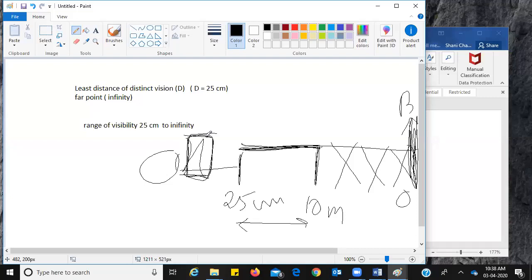That image will be the incident light ray for the eye. That will act as the object for the actual human eye. I'm not clear. Can you repeat? I want to know whether you're okay with this step, and we can go to the second step.